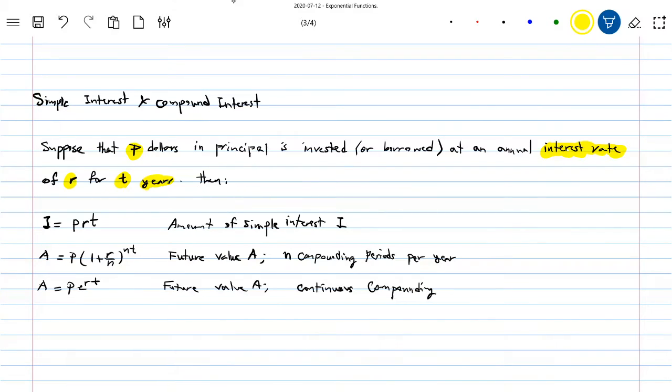This is called simple interest. Simple interest is just the amount that adds up every year. So if you have P, say $200, multiplied by the interest rate 1%, that's $2. You do this for T years, for example 5 years, so you'll get $2 every year.